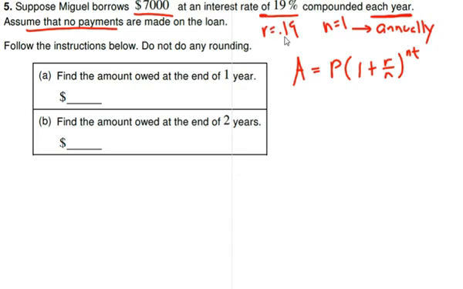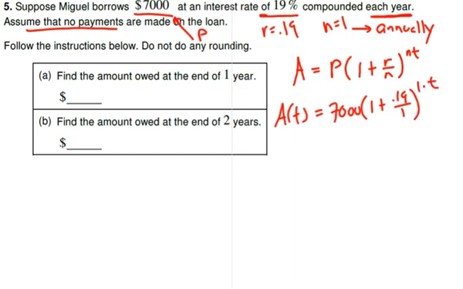Turning that 19% into a decimal, we have r equals 0.19. 7,000 is our principal, that's P. So we could write this as A of t, the amount after a given time, is 7,000 times 1 plus 0.19 over 1 to the 1 times t. If we wanted to, we could just write this inner expression as 1.19 and just write that as t.